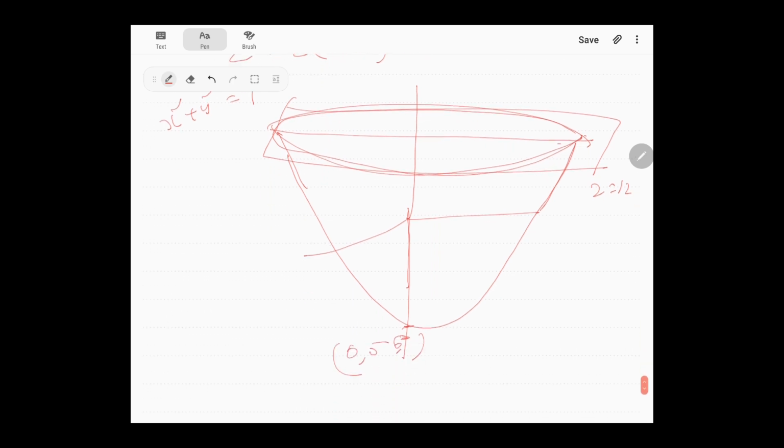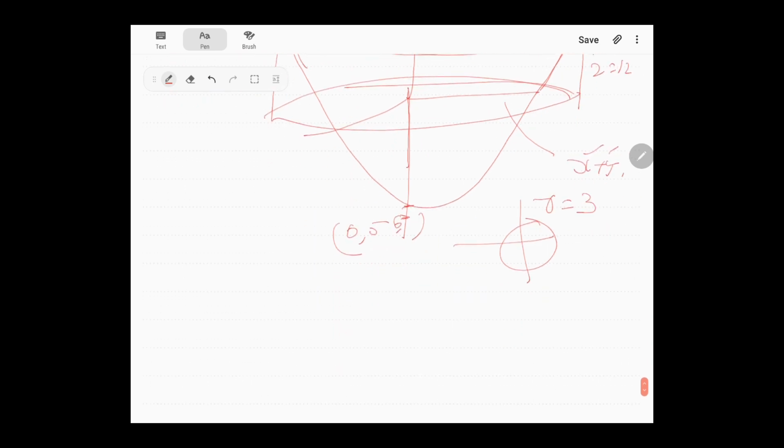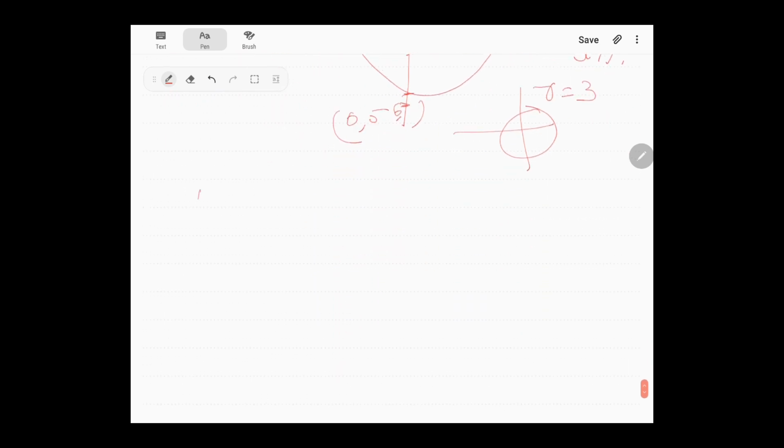If I simply project it on the xy plane, here on the xy plane also I have the same circle, x square plus y square is equal to 9. That means r is equal to 3 is the circle. So the remaining part is very easy to evaluate.